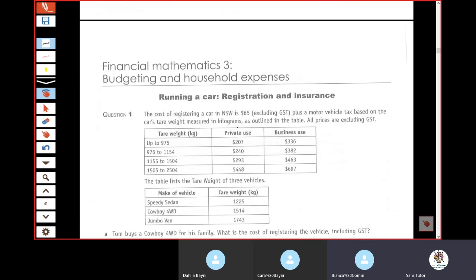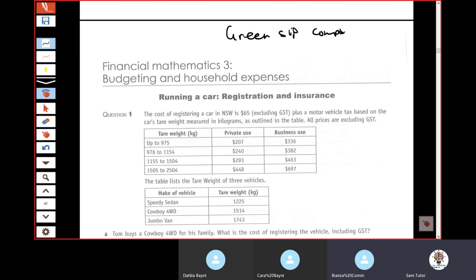Okay, let's move on to rego and insurance. Registration, something you must pay to use your car. Insurance, there's two different types. There's compulsory insurance, or in other words, the green slip.